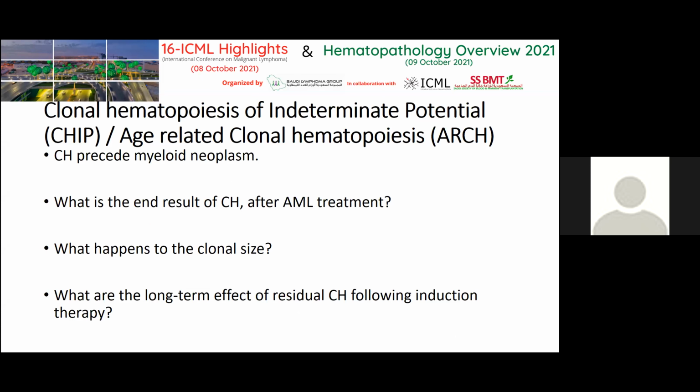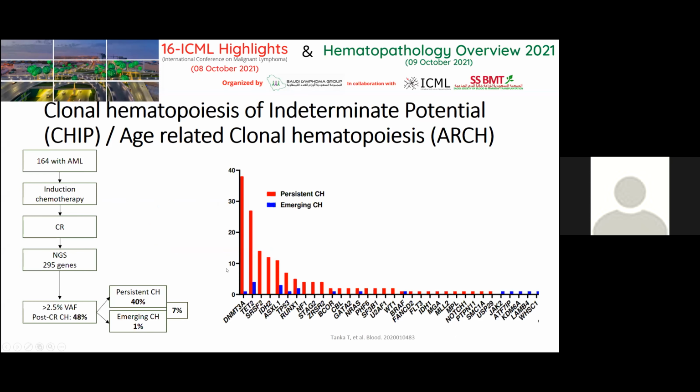Okay, so we know that clonal hematopoiesis can precede AML development. But what happens after you treat a patient with AML? And what is the fate of the clonal hematopoiesis? And what happens to the clonal size? And what are the long-term effects for the patient who had a residual clonal hematopoiesis following induction therapy?